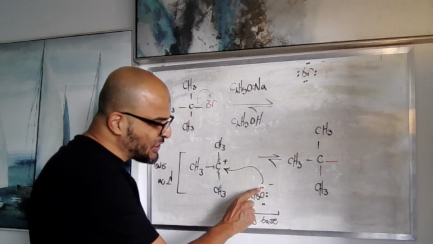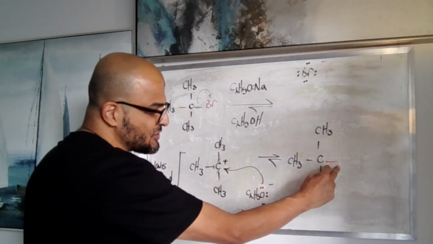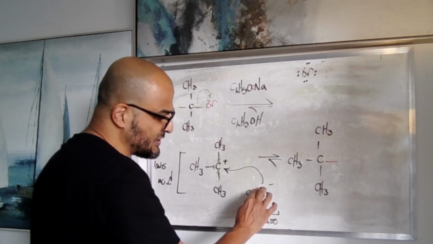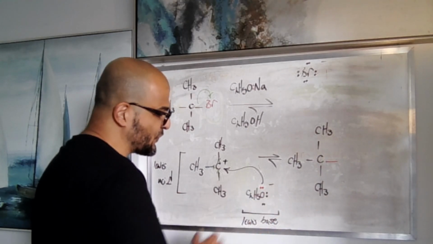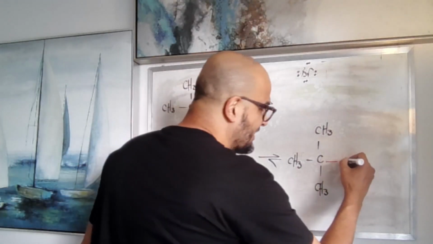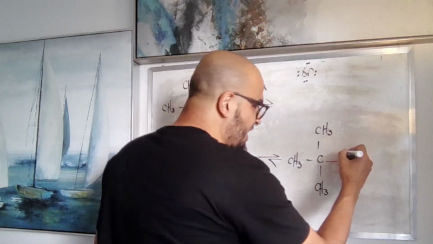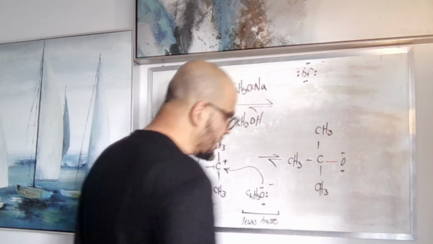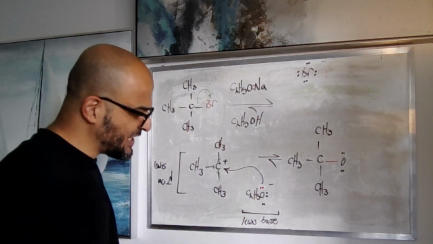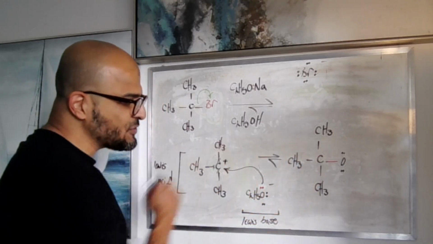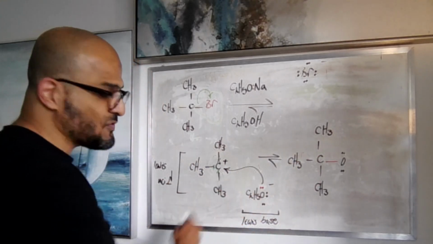The red color symbolizes that this lone pair is spent to form the bond, and I know that the bond is formed from the oxygen. Then the oxygen comes here. Now, instead of 3 lone pairs of electrons on the oxygen, I have 2, because one of the lone pairs is spent to form the bond.